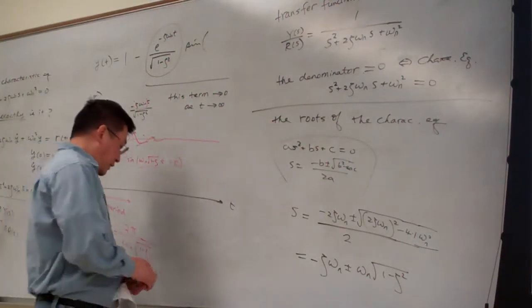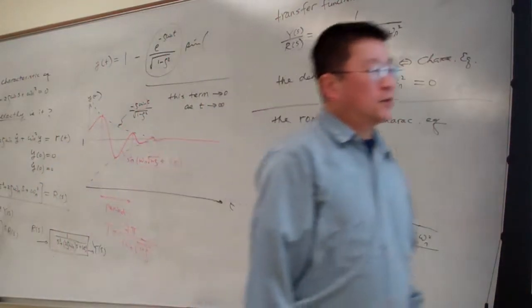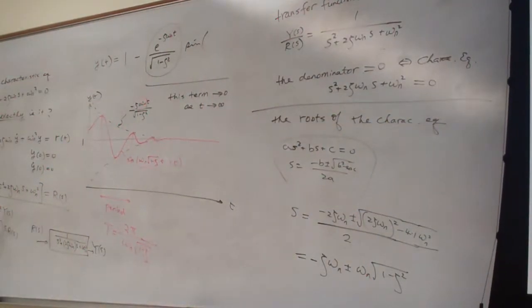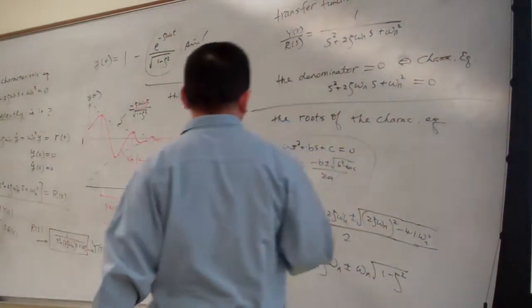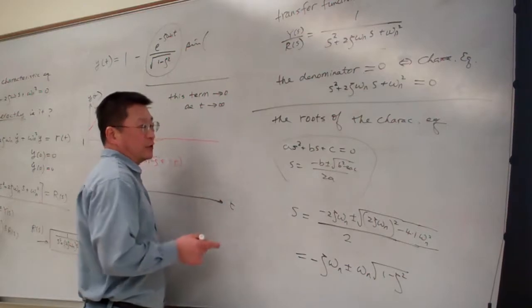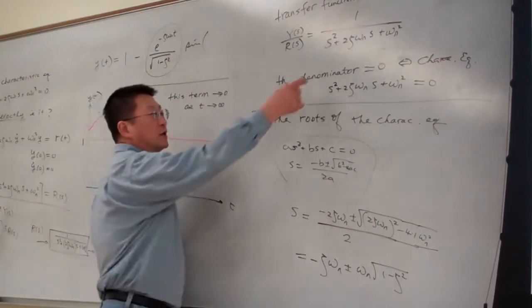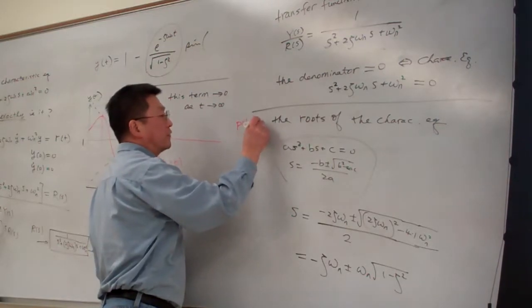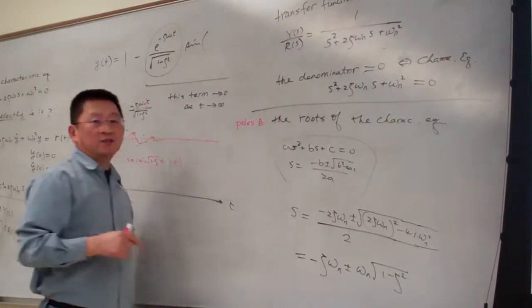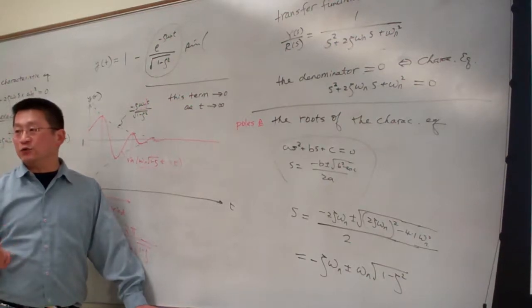And the roots of the characteristic equation, we sometimes call the poles. By definition, the poles are a special terminology in control.